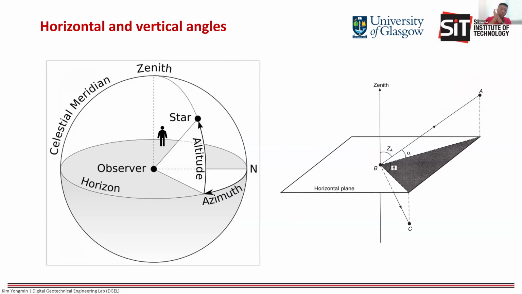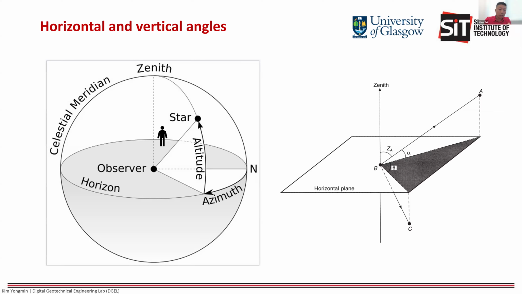Here you can see the celestial meridian in the left-hand side drawing. The horizontal angle, when you turn, you always remember to turn from north and go clockwise. And this angle, we call it azimuth. And when you turn from the horizon up or down to the vertical, this vertical angle we call altitude.